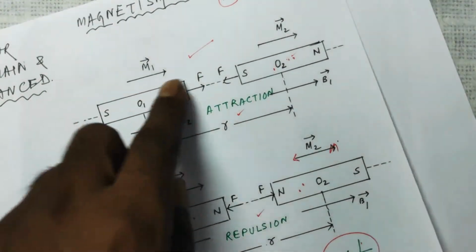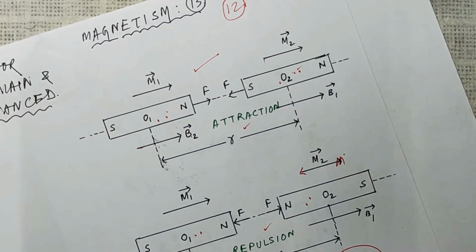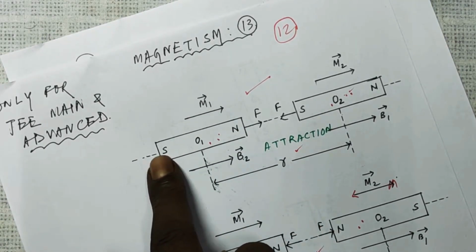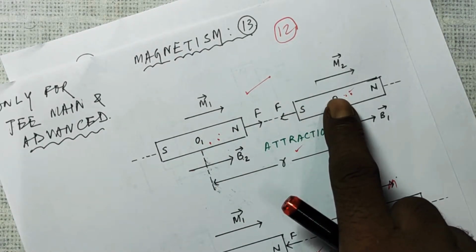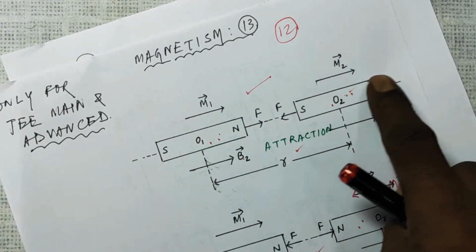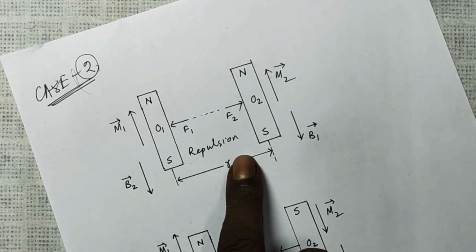Now the orientation of the two short bar magnets is changed, right? What do you mean by that? Now the center of this magnet and the center of this, they are not in a straight line along the axis. They are like this.